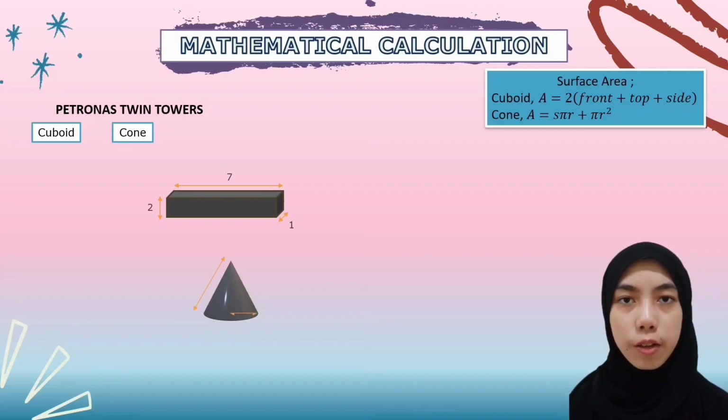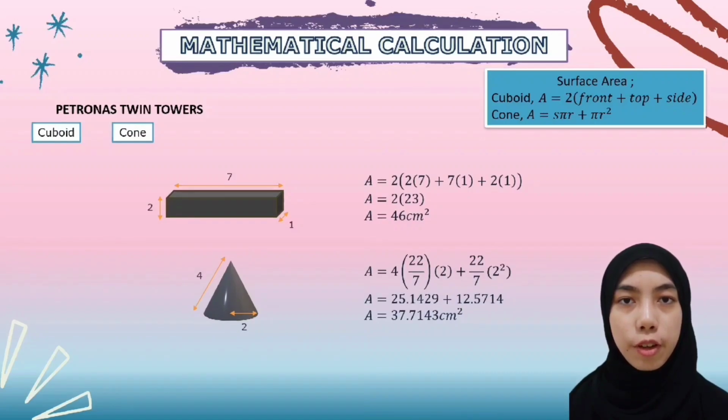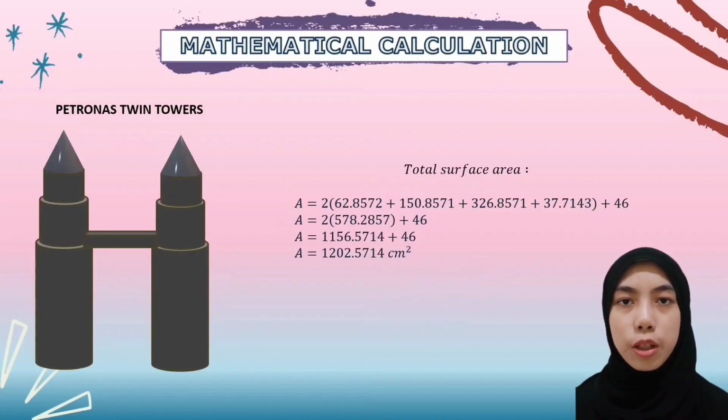For cuboid and cone, there is their surface area formula. The measurements are given in the slide, and as usual, put that information in each of the formulas. In the end, you will get those as the answer. The surface area for cuboid is 46 cm², while the cone is 37.7143 cm². After you did the steps one by one, you need to add all the answers back.